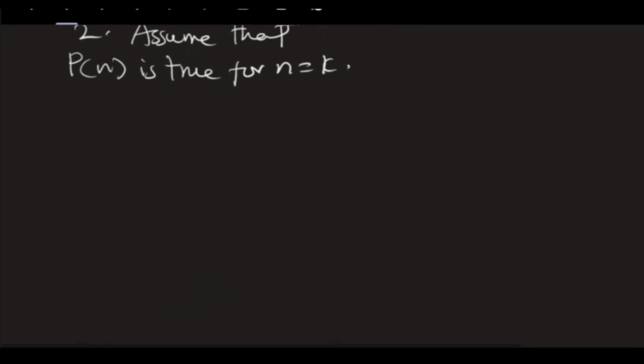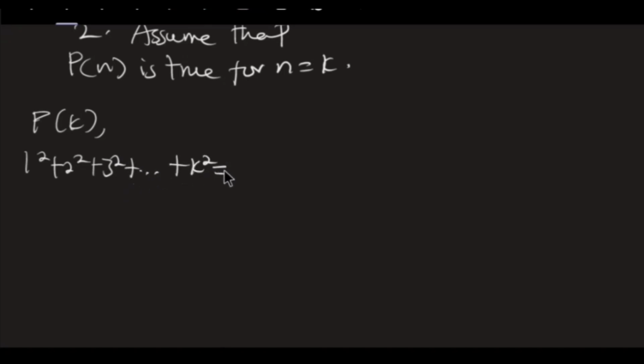So our new statement becomes P of k: 1 squared plus 2 squared plus 3 squared plus dot dot dot plus k squared is equal to k times (k plus 1) times (2k plus 1), all over 6.